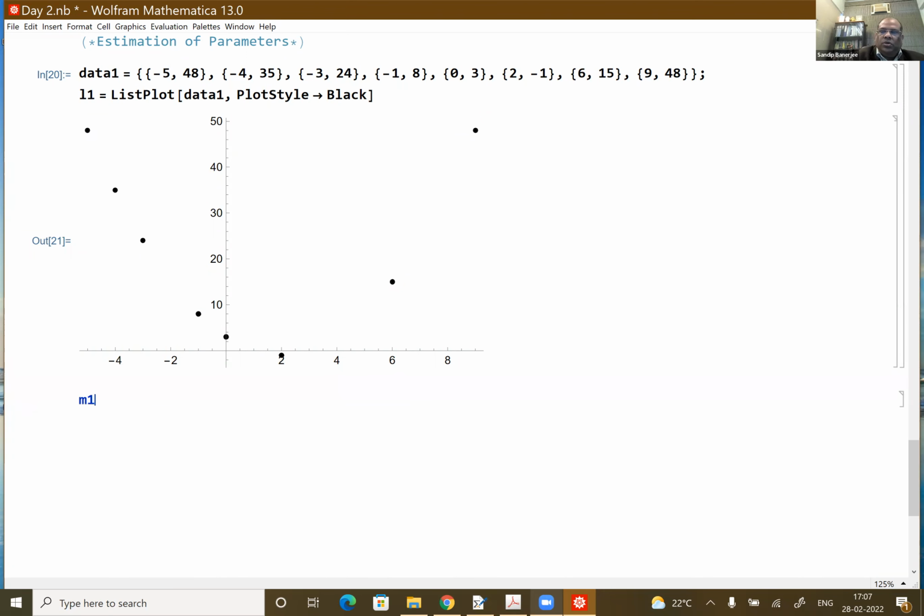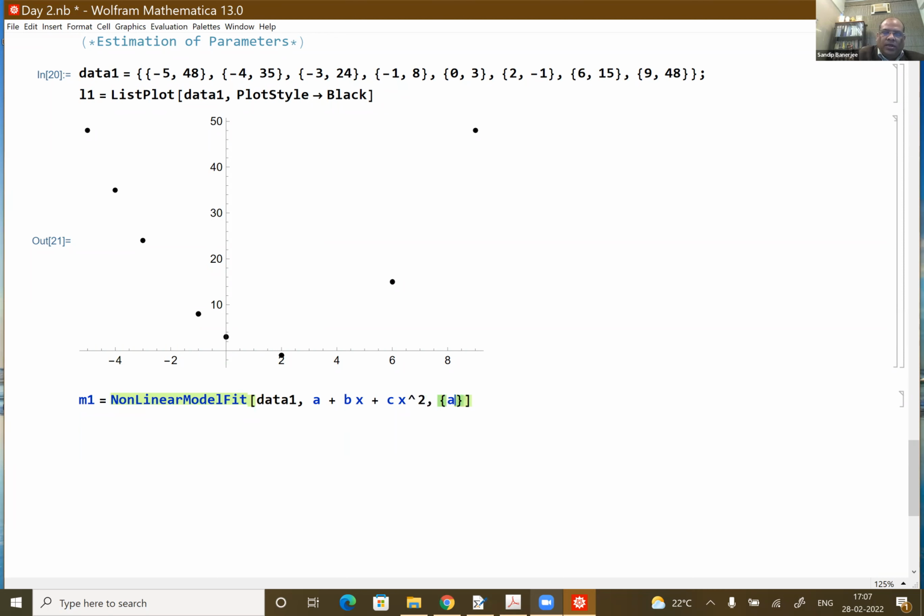The command is NonlinearModelFit, on your data 1, and it will fit something like A plus BX plus CX square.